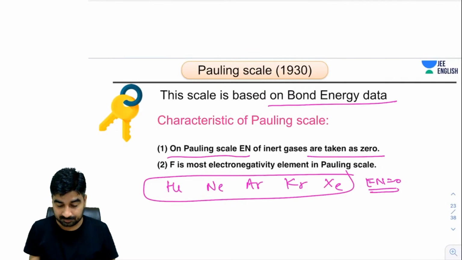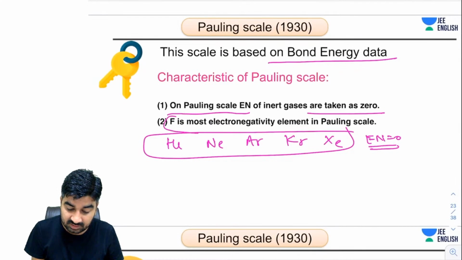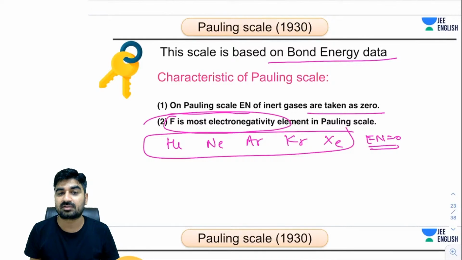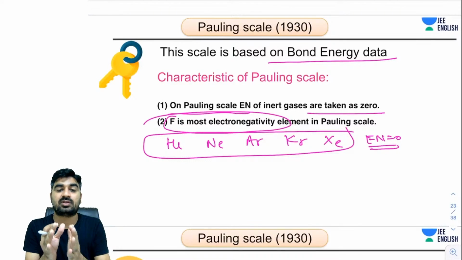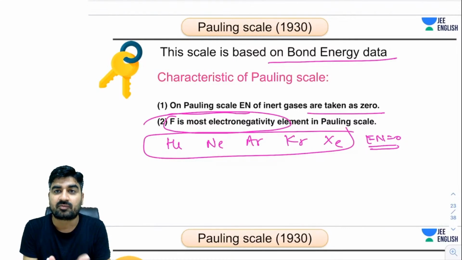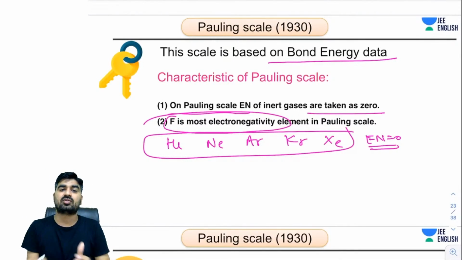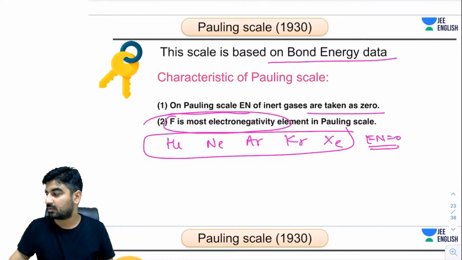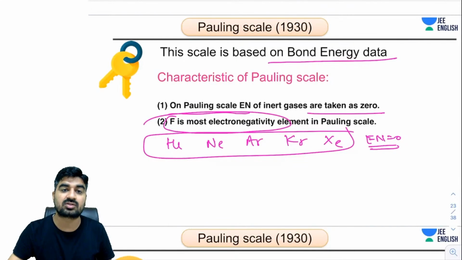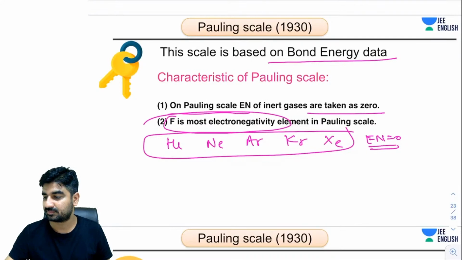So fluorine is considered the most electronegative element, meaning with whatever element it is connected, fluorine will always attract electrons towards it. Any doubt? Please tell me if you have any doubt. No doubt?